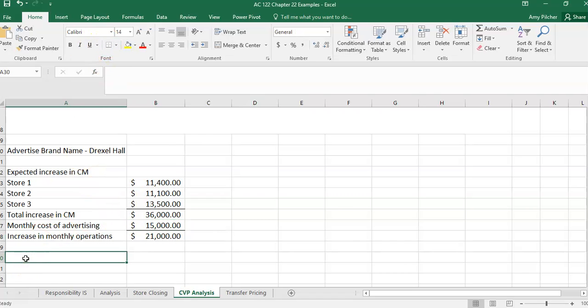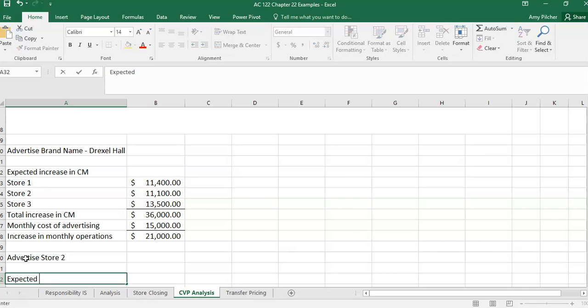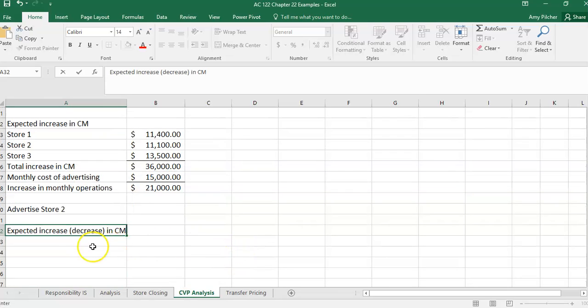The second option is to advertise store 2. So we're going to look at the increase and decrease in contribution margin for each store.